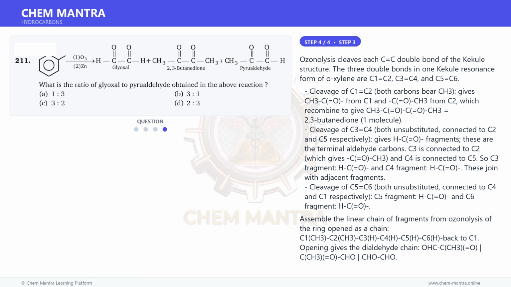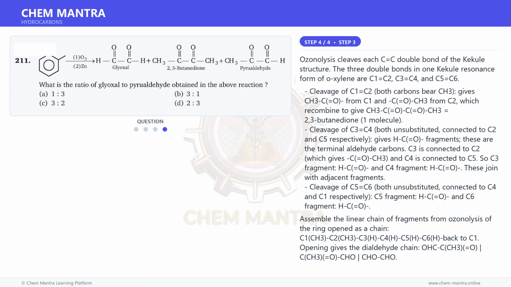Opening gives the dialdehyde chain OHC-C(CH3)=O-C(CH3)=O-CHO. More carefully, the 6 carbons in sequence give 3 dicarbonyl products. C1, C2 bond cleavage, both methylated, CH3COCOCH3 is 2,3-butanedione, 1 mole.